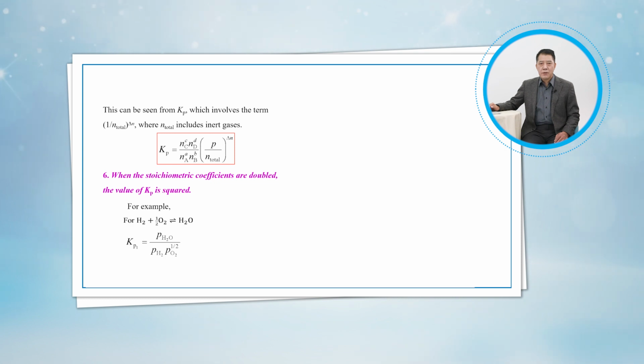For example, for this reaction, we have this equilibrium constant. For this reaction with doubled coefficients, we have this equilibrium constant, which is the square of the former one.